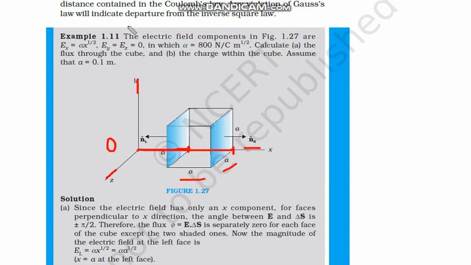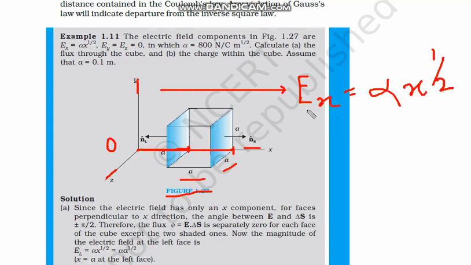So there is a cube. The electric field components in figure 1.27 are Ex equal to alpha x to the power half, and Ey and Ez are 0.